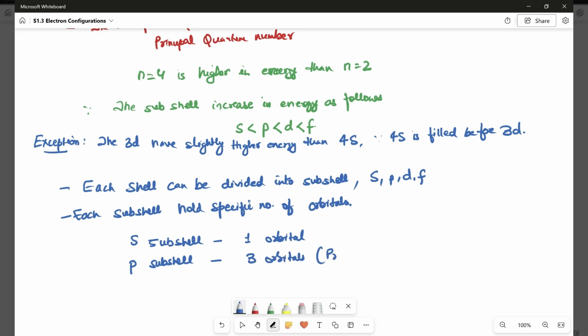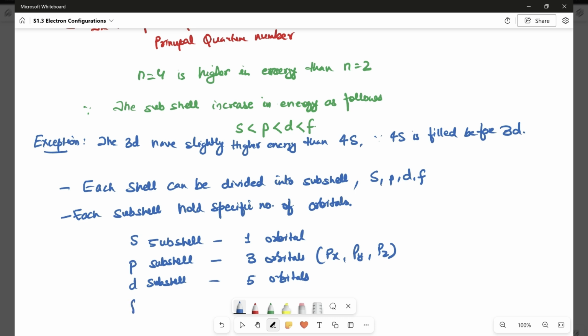And we have just now seen the shapes px, py, pz. The d subshell has five orbitals.